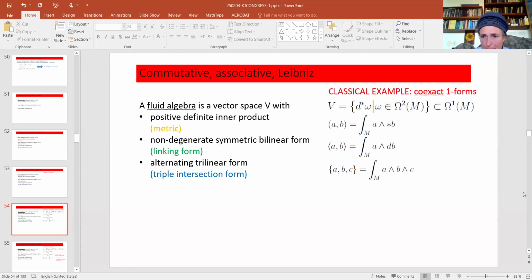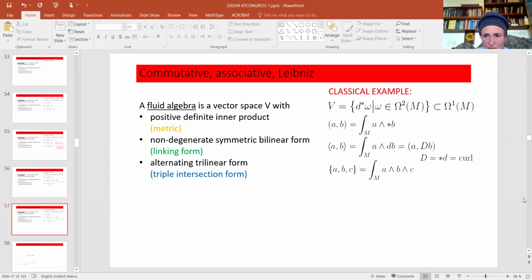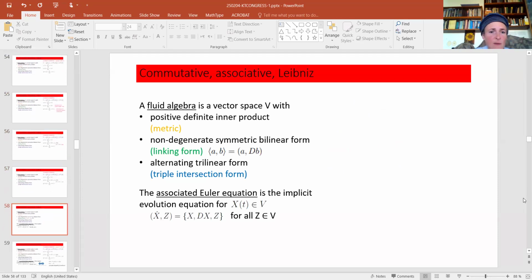And in this setting, we can write the associated Euler equation, which is an implicit evolution equation for an element of the vector space, a time-dependent element of the vector space, which has to satisfy this condition. As I say, it's implicit. So you think of Z like a test function.